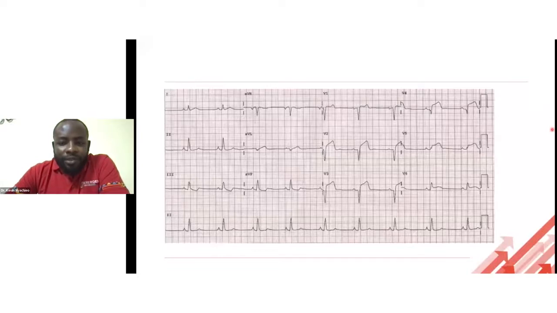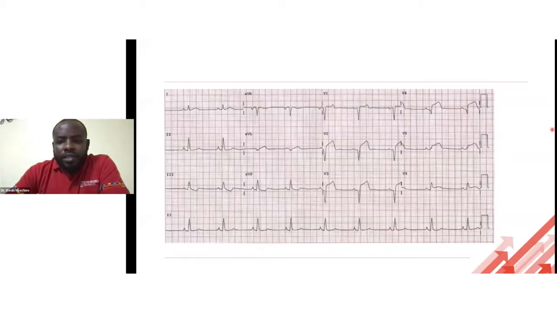Maybe I can give you a short history. For example, it's a 50-year-old male, past history of dyslipidemia. He's a chronic smoker. His father and elder brothers died suddenly at the age of 55. He comes into your ID complaining of chest pain. He's diaphoretic, sweating very hard.